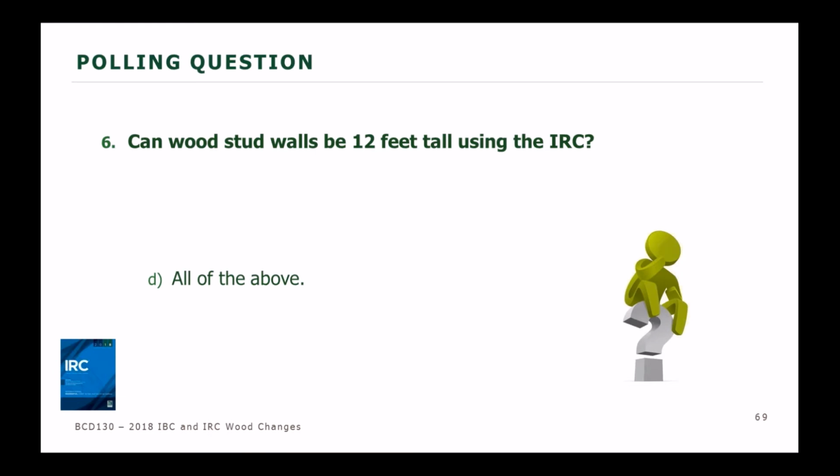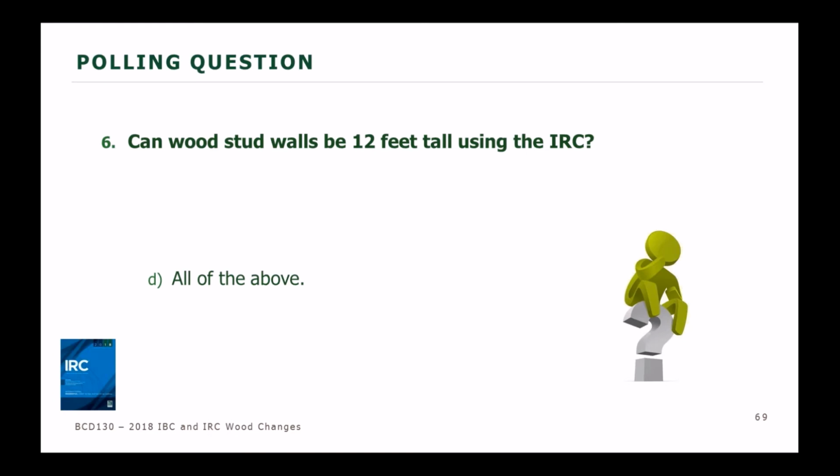So 2012, 2015, we have had tweaks each code cycle in the story height section saying, hey, wait a minute, you only can go up to 11 feet 7 inches for your story height. Great, except we can allow up to 12 feet tall for the studs, not the story height, but just the studs, and then need to add on that floor container for the total story height back in the wall bracing section.